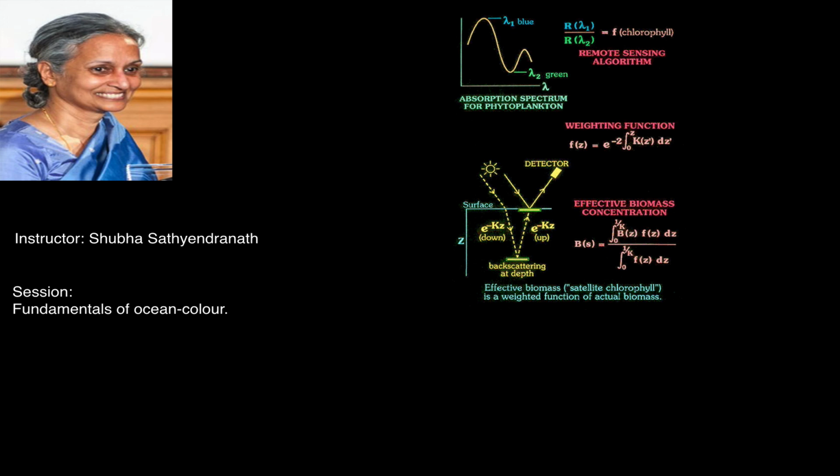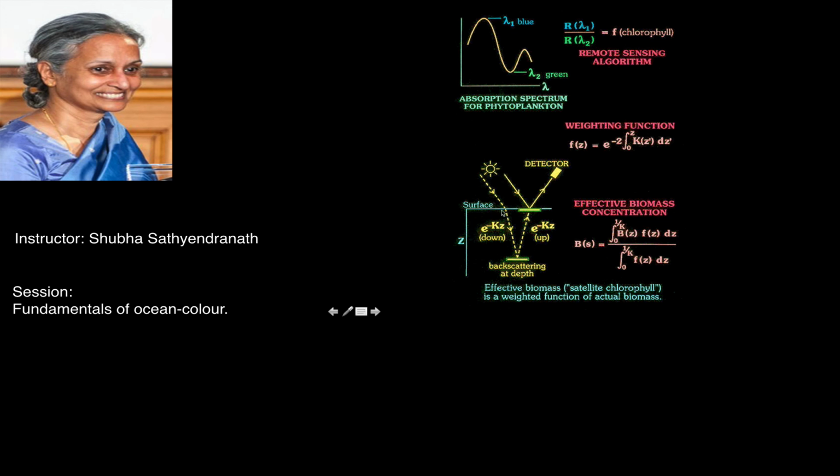It's difficult to answer, because once again, the depth over which the satellite signal comes is determined by the optical properties of the water at the wavelength at which the satellite is looking at the ocean.